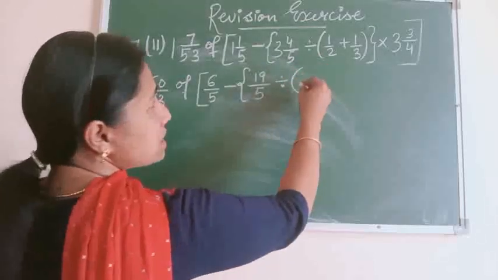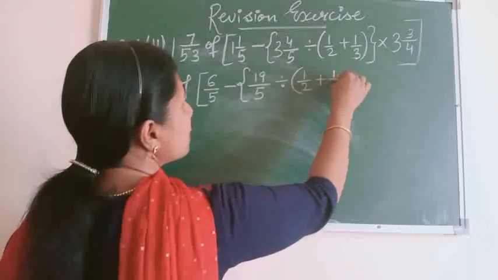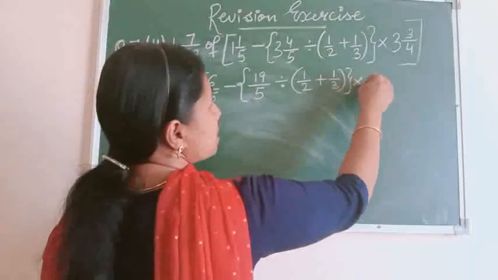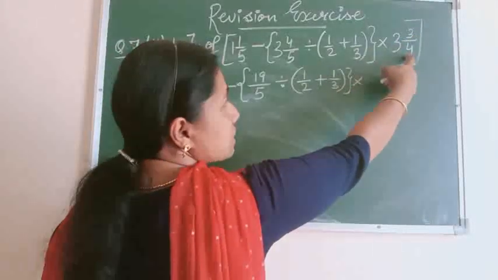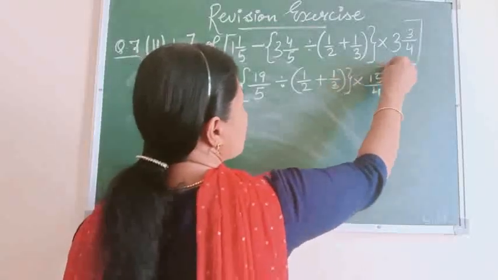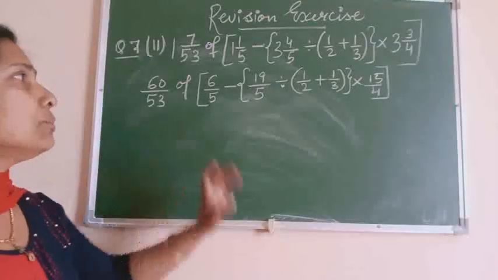In the small bracket, proper fractions are given, so we write them as they are, 1 upon 2 plus 1 upon 3, curly bracket closed, multiplication 3 3/4: 3 fours are 12, 12 plus 3 is 15 upon 4. So in the first step we converted all the mixed fractions into improper fractions.